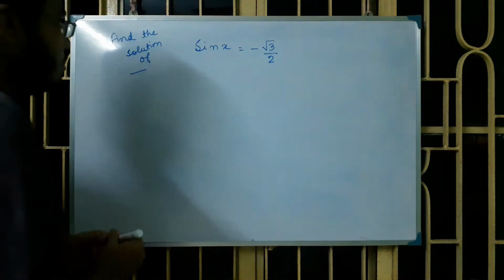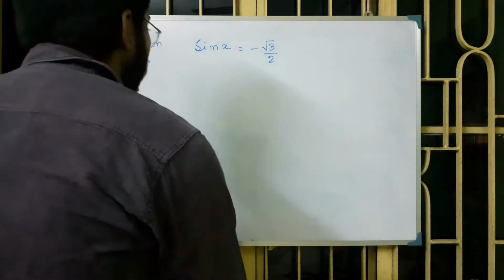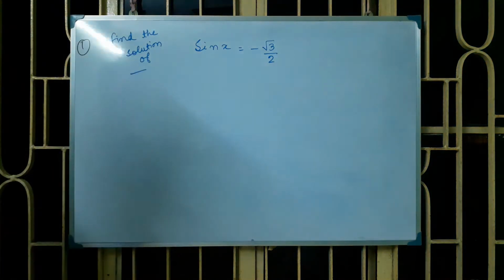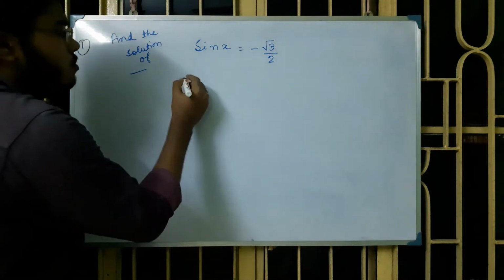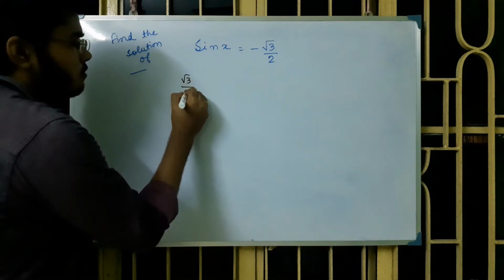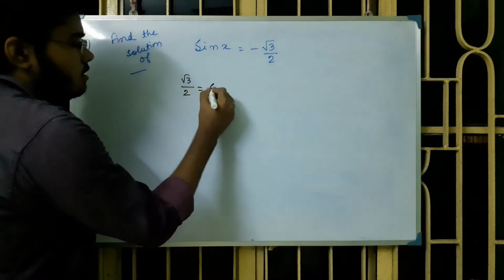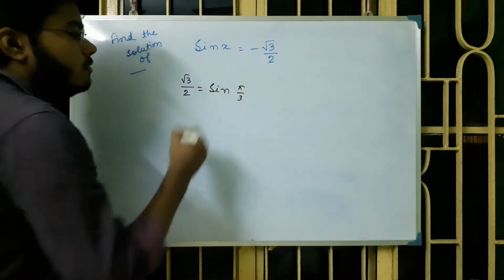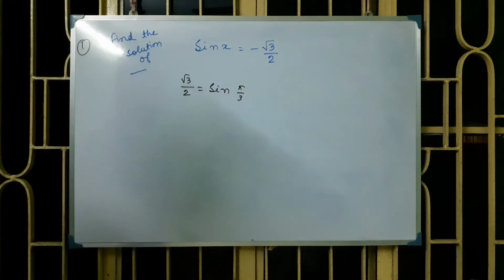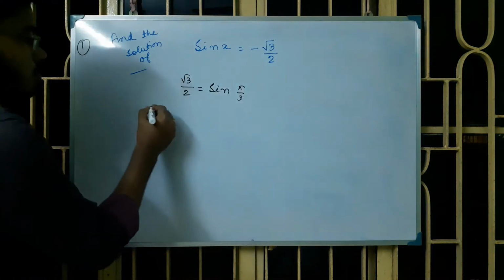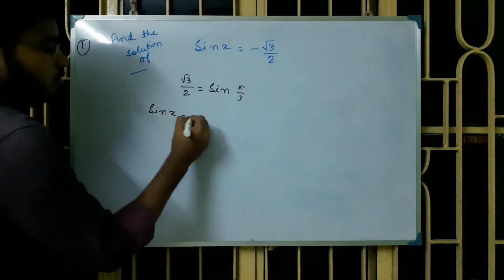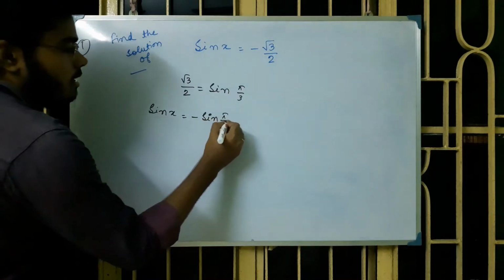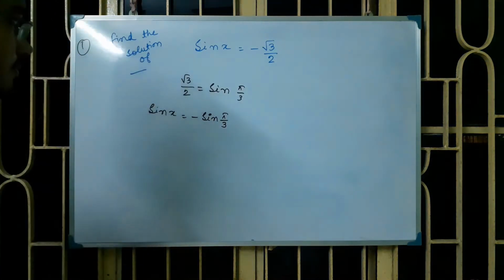So we have to solve the first problem. Find the solution of sin x equal to minus root 3 upon 2. The value sin 60 degree, that is sin pi upon 3, so sin x equal to minus sin pi upon 3.